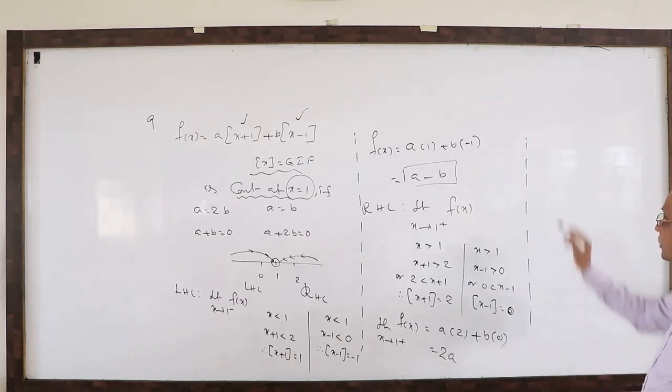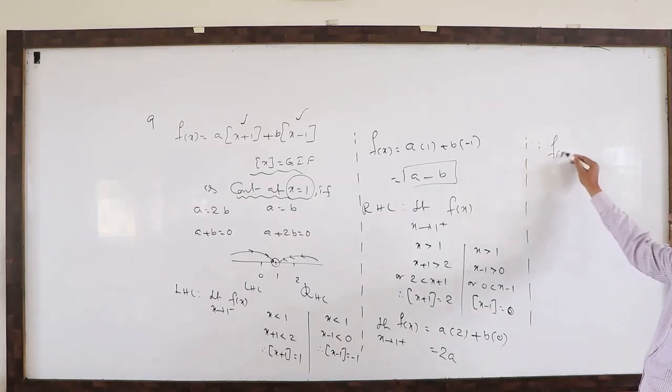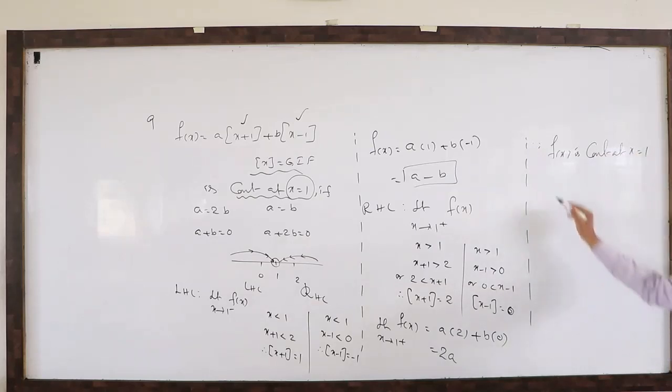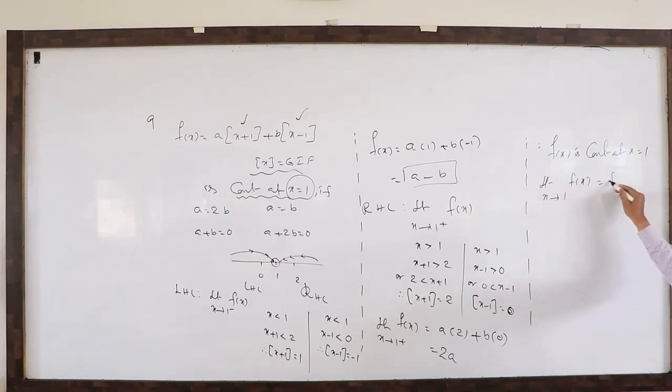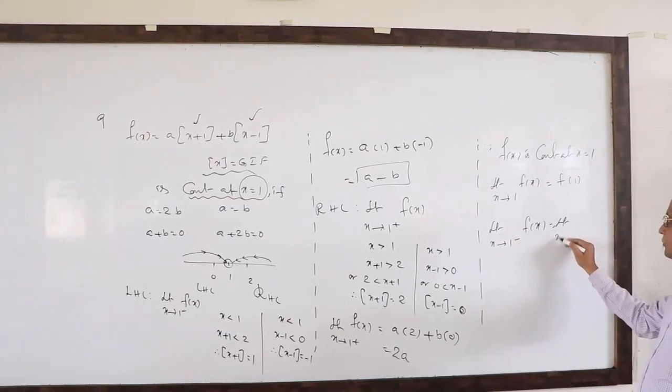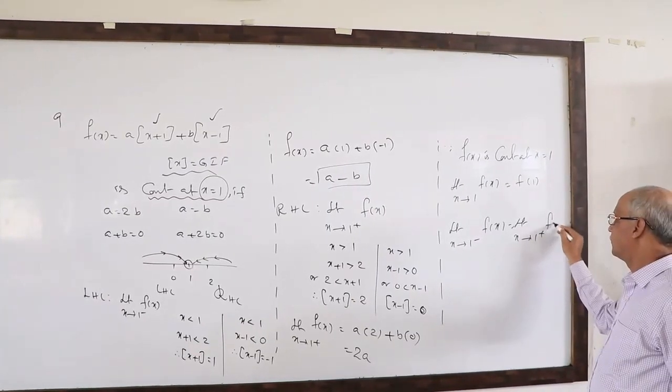Okay. Now you see, since f of x is given continuous at 1, limit x tends to 1 f of x equals f of 1, actually definition. What is implied? Limit exists. Therefore, what we say is left limit is equal to right limit.